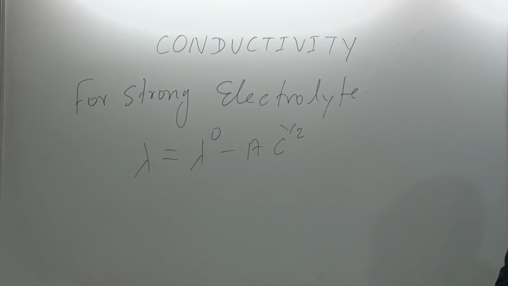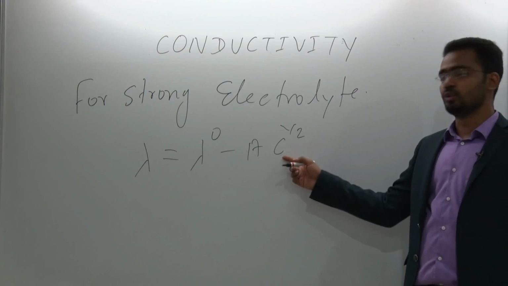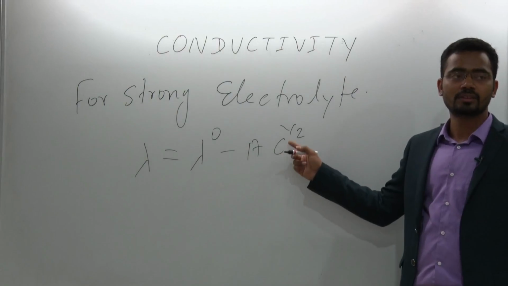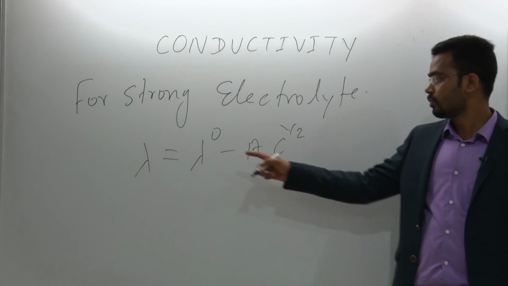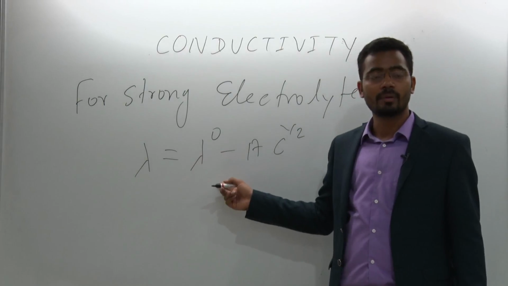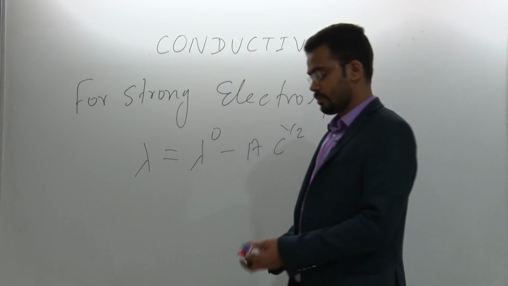Tell me, at infinite dilution, infinite means C becomes 0, lambda will be lambda naught. So what is this?